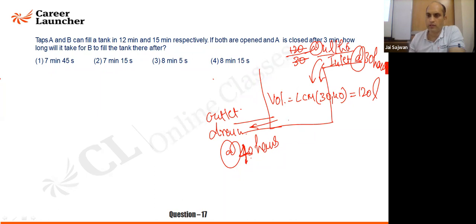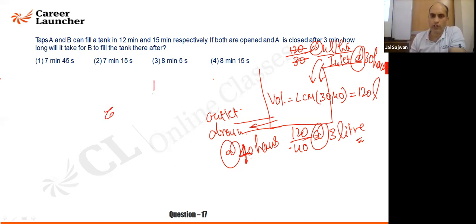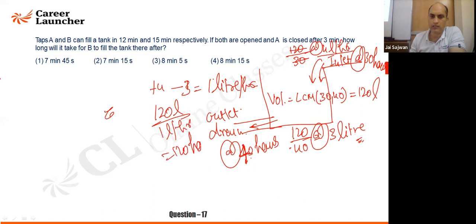The drain pipe has 120 liters to be drained out in 40 hours, which means 3 liters per hour. So what is effectively left? First pours in 4 liters per hour, second takes out 3 liters per hour. Effectively, 1 liter of water is left every hour. So to fill 120 liters at the rate of 1 liter per hour, it is going to take 120 hours as your answer.